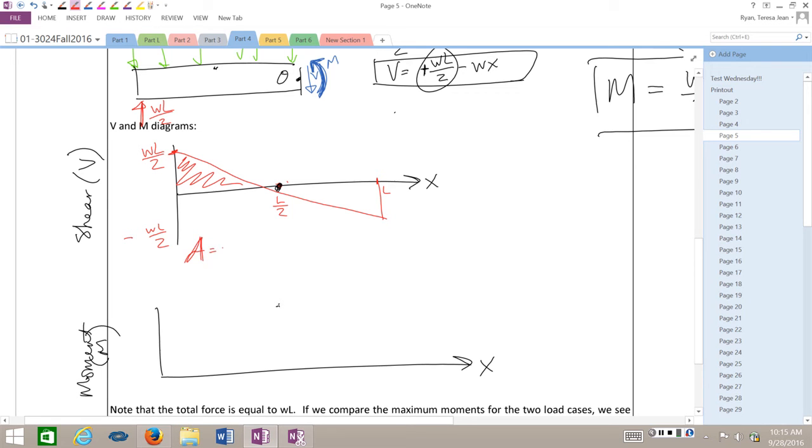Area equals 1/2 times the base, which is L over 2, times the height, which is WL over 2. That's a bunch of 2's. So that ends up being WL squared over 8. So the area of the part that I've scribbled in is WL squared over 8, and we therefore know that that has to be the value at x equals L over 2.